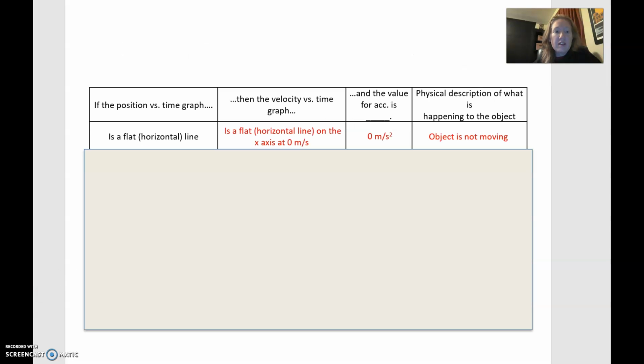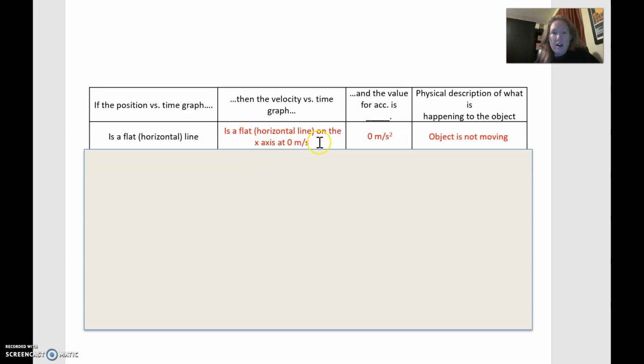So I thought this table hopefully will help you get all the situations and relationships put into your head. So, first and most simple situation would be when the position versus time graph is just a flat line, which would be the situation when the thing is not moving, it's just standing still. So, in that case, that thing is not moving, therefore, it has a velocity of 0 as time goes by.